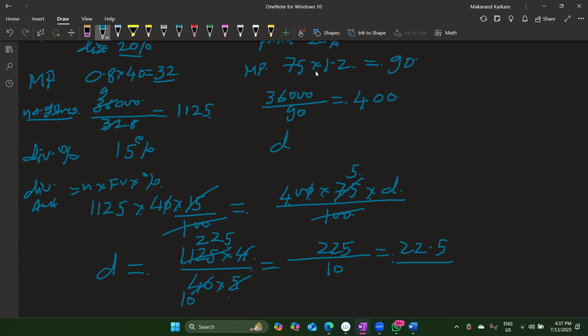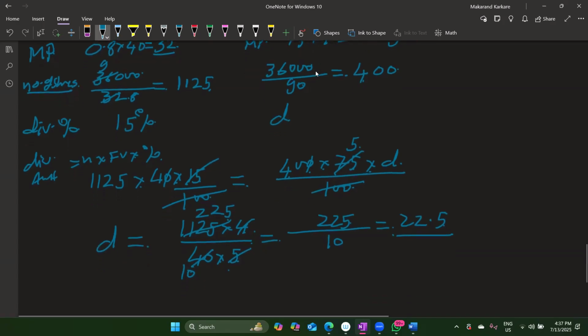Aniket, if I remember, you also made a mistake in dividend percent for Sachin. Instead of 15%, you took 20%. Sir, I am getting 9 by 40 as the answer for dividend percent. 9 by 40. Yes. But I checked it like 3 times. I'm still getting 9 by 40 as my answer. Okay. So did you get number of shares as 1125?